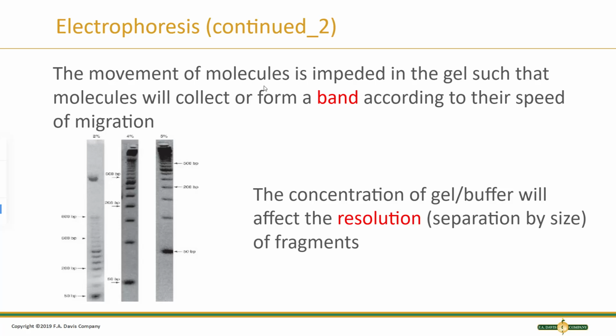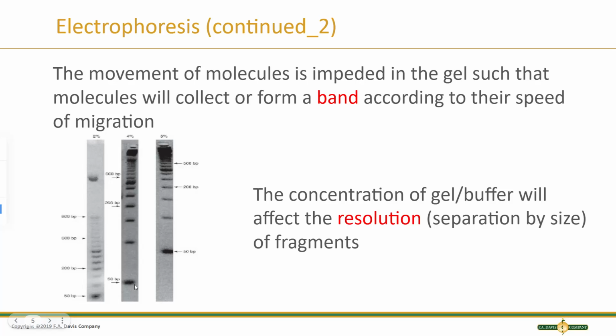Now if we're talking about resolving DNA specifically, DNA is going to have a consistent negative charge throughout, and when we load the DNA at the top, it's going to migrate through at a predictable speed. And it's predictable based on the size of the fragment of DNA that we're trying to resolve.